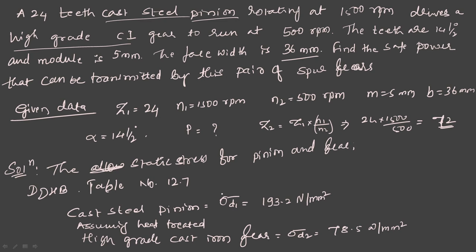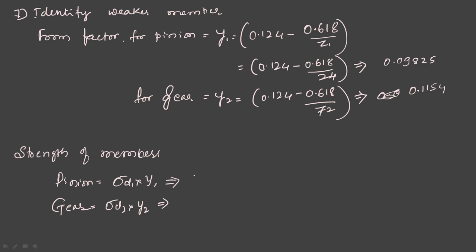Now let us calculate here. Sigma d1 is 193.2 into 0.09825, and for the gear 78.5 into 0.1154.